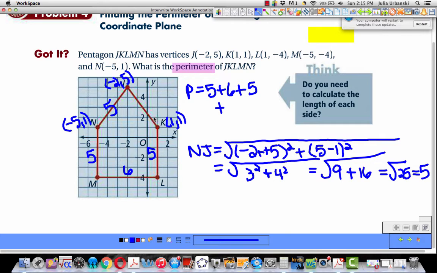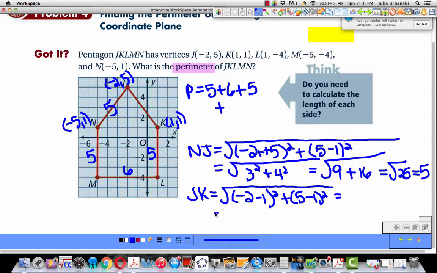Now the other side, I can tell it matches, but I'll prove it to you by writing it out right here. Segment JK. From here to here, we have to do x2 minus x1 squared plus y2 minus y1 squared. So I'm going to do -2 minus 1. Those are my x's. And I square it. Plus 5 minus 1. And I square it.